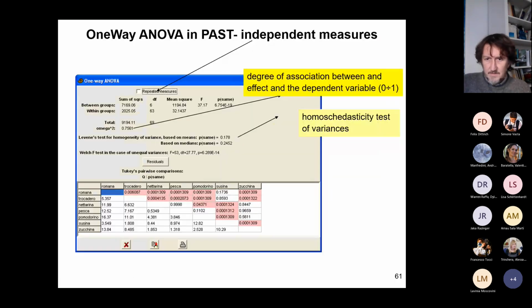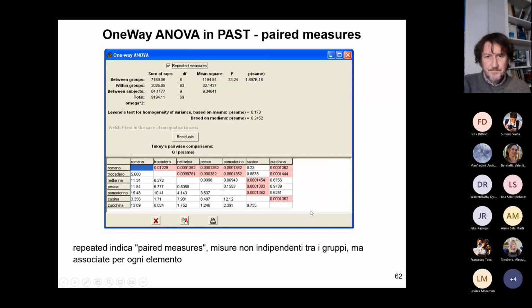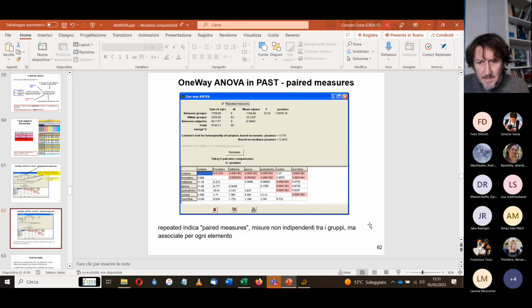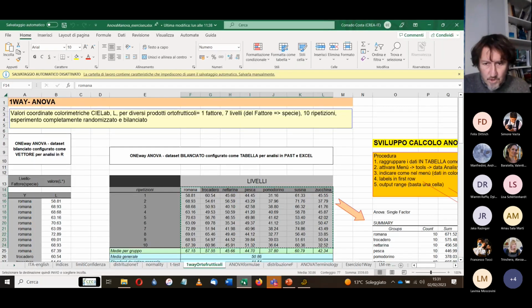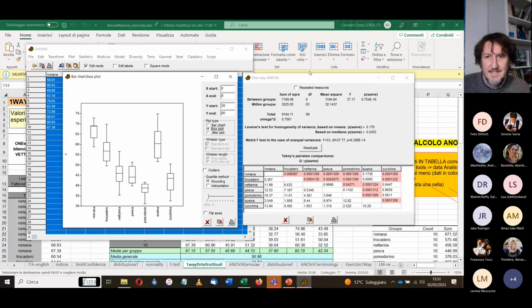Let's go ahead with the presentation. No, just another thing here. I would like to show you also the case of repeated measurements. So in the case that the measures are repeated, so we have different timing in measuring something in the blood after giving a medicine to different patients.